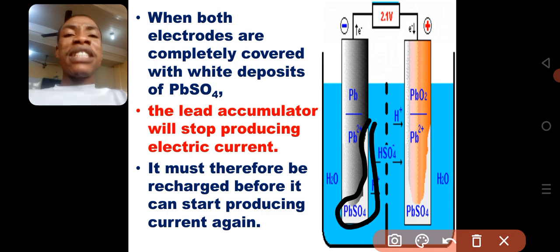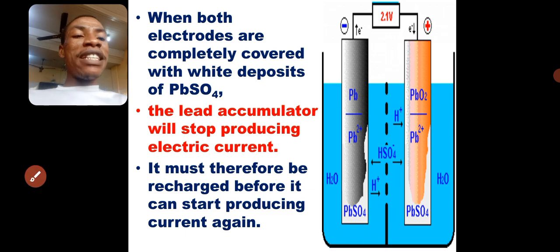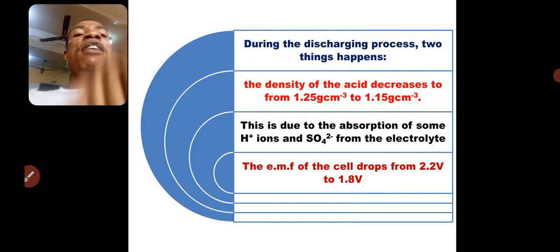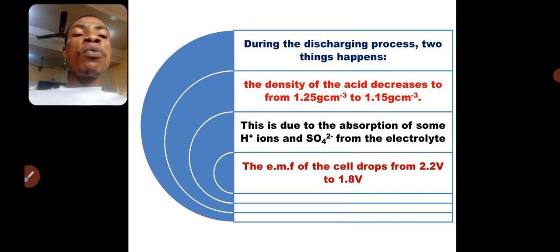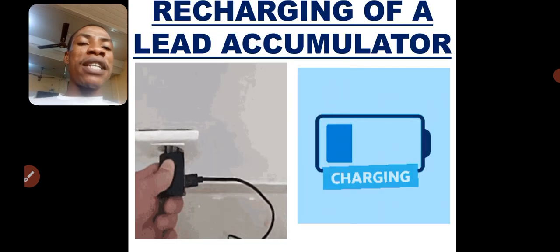So the density will reduce, because the SO4 2- is no longer present in the electrolyte in the amount that it was before. So there will be a reduction in the density of the electrolyte, and the EMF of the cell will drop from 2.2 volts to 1.8 volts. So those two things happen during the discharging process.